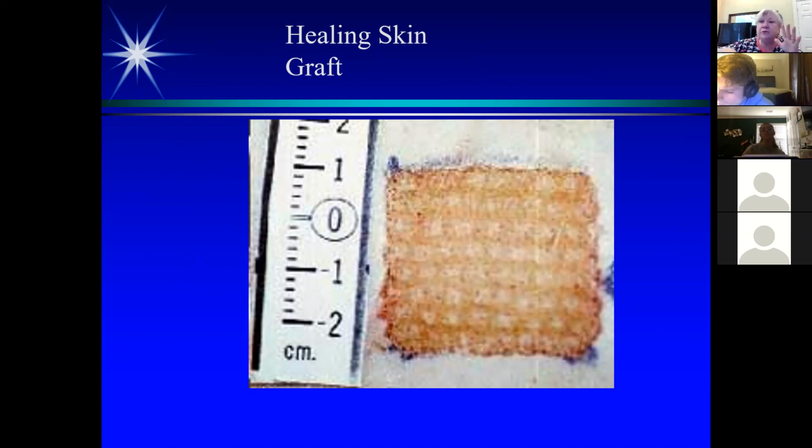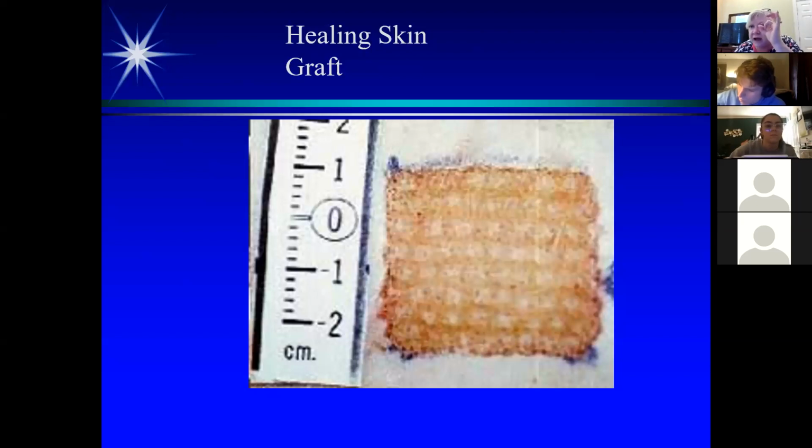Then they run it through a dermatome, a little machine. The best way I can explain this is, those of you that are OB lovers, think of those mesh panties they give women after a C-section. They come out of the package about this big, and then you stretch them out. They have all these little holes in them, and they stretch out to be this big. That's what happens with this.